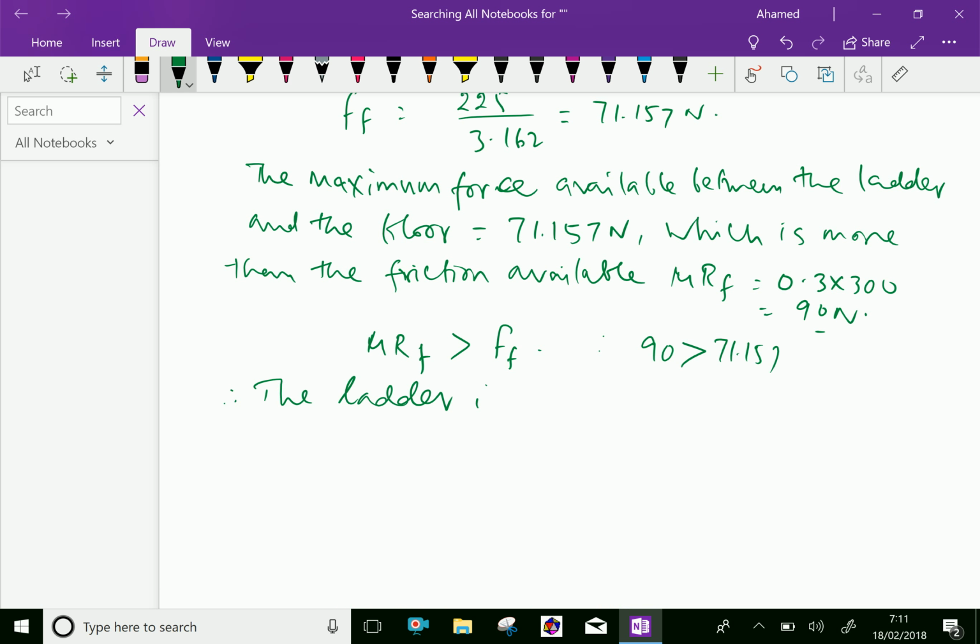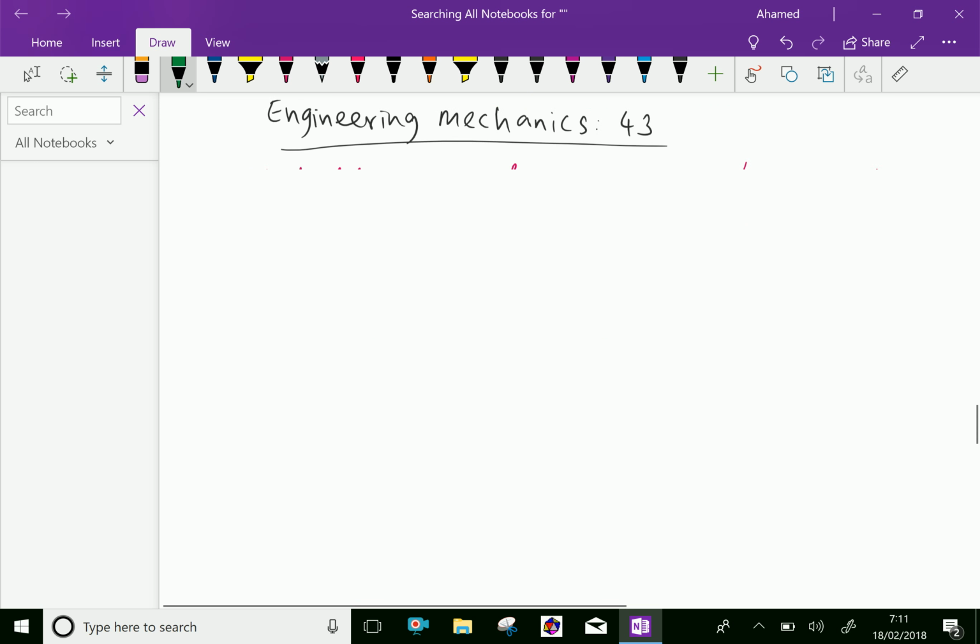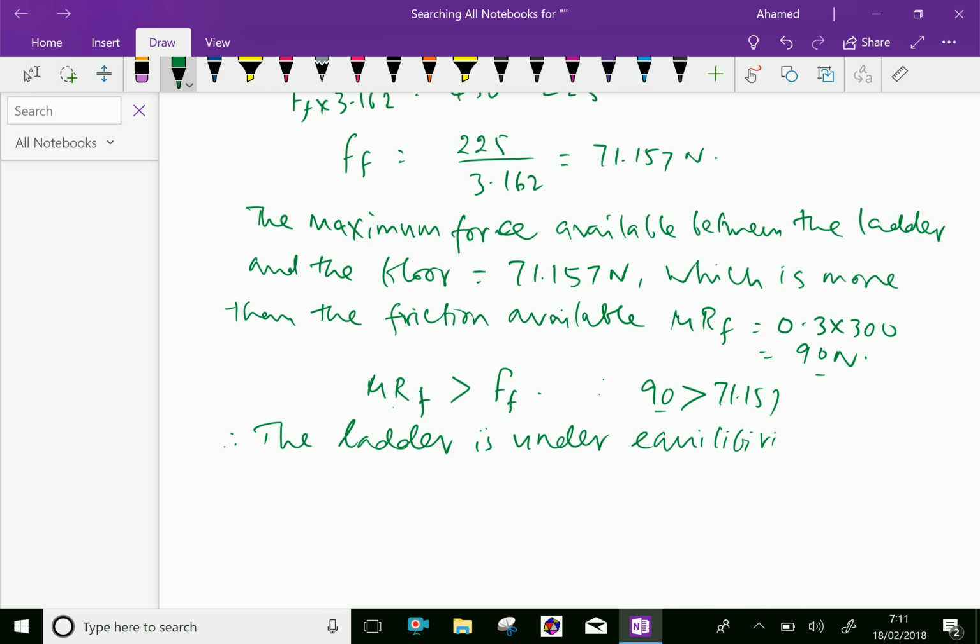Here mu RF is greater than FF, that is 90 is greater than 71.157, therefore the ladder is under equilibrium. We have done.